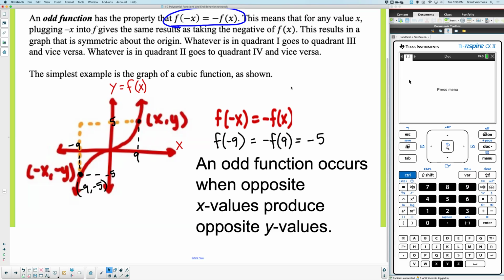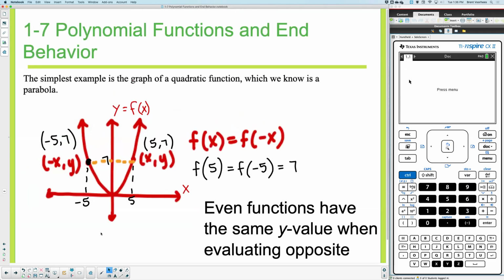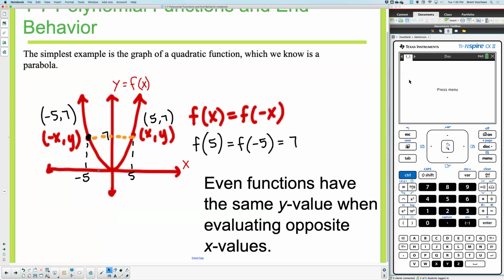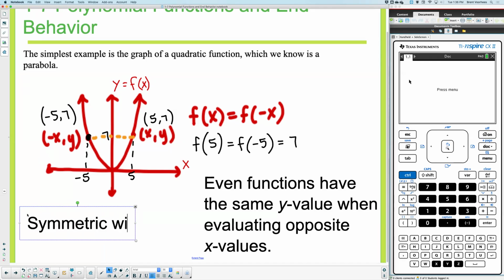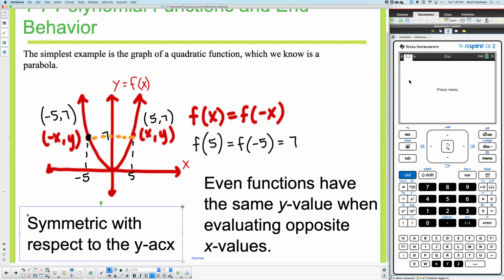All right, we're going to look at 3 different types of these problems. We're first going to look graphically. Oh, I just realized I forgot to say, graphically, what happens on an even function is that an even function will be symmetric with respect to the y-axis.